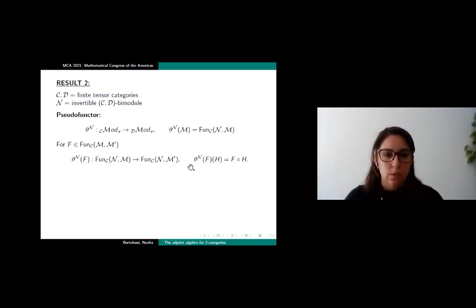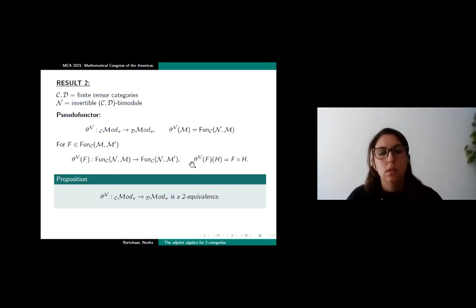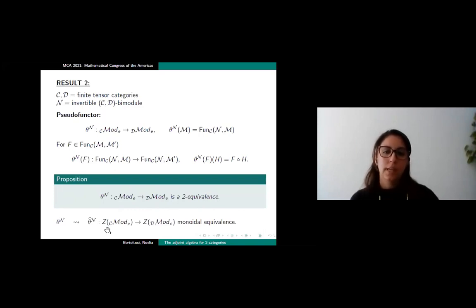It turns out that this pseudo-functor is a 2-equivalence. This fact is not easy or immediate to check, but we have a 2-equivalence. So as we saw before, this induces a monoidal equivalence between their centers, and we are going to denote this monoidal equivalence by theta hat^N.